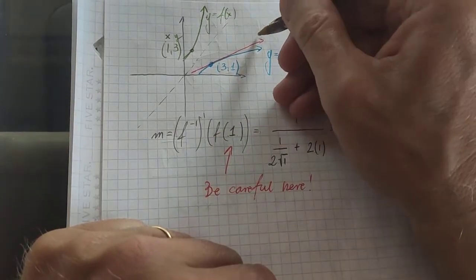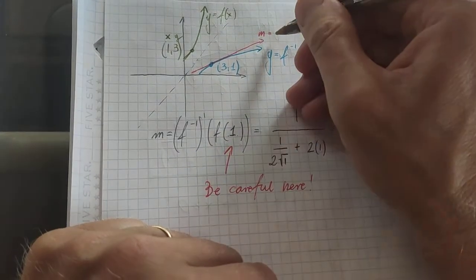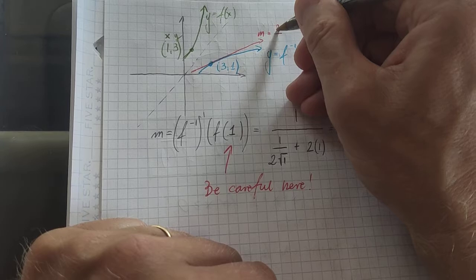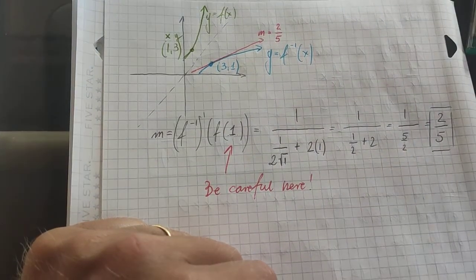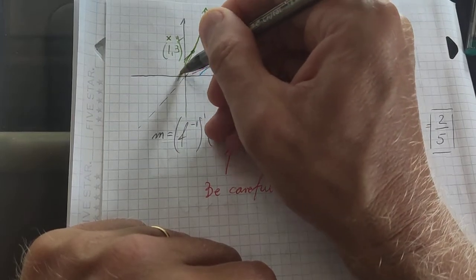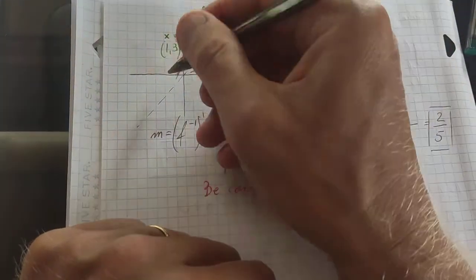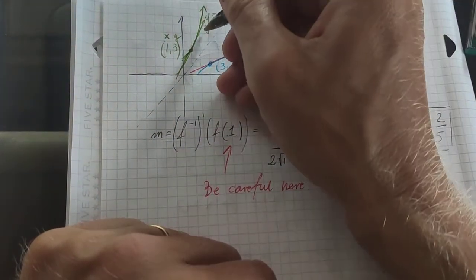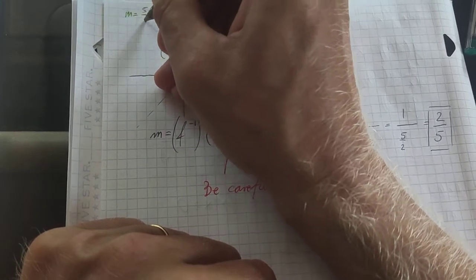So the slope here is 2 over 5. Okay? Well, we also know the slope here. You guys know what that is? Well, it's the reciprocal of this one. So the slope of this one is m equals 5 over 2.